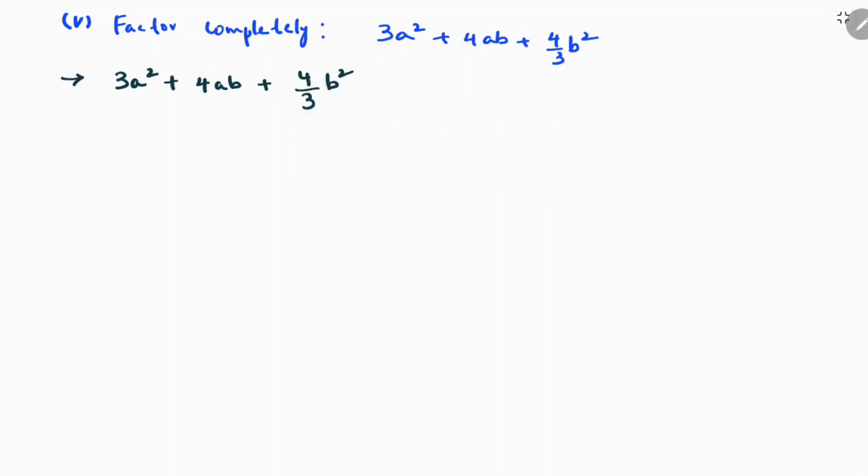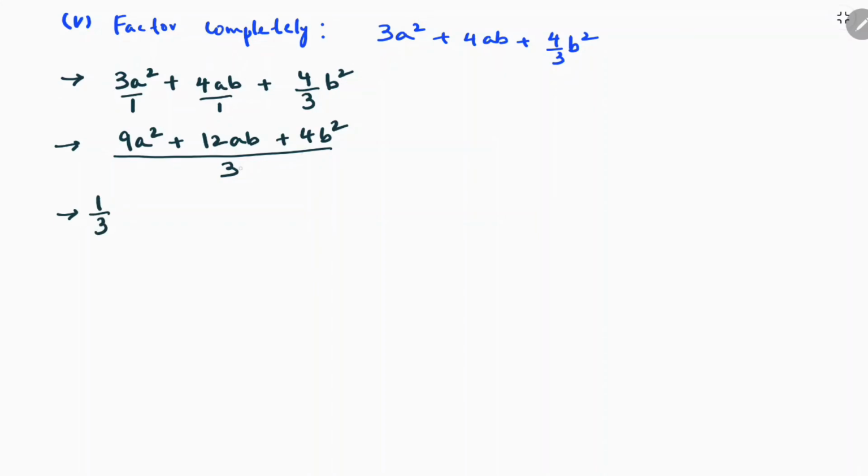But other than that, take LCM here. If you take LCM, LCM is 3. So here we don't have 3. So if you multiply by 3, 9a square, 4 into 3, 12ab plus 4b square. So now if you take 1 by 3 outside, you're left with 9a square, 12ab, 4b square.